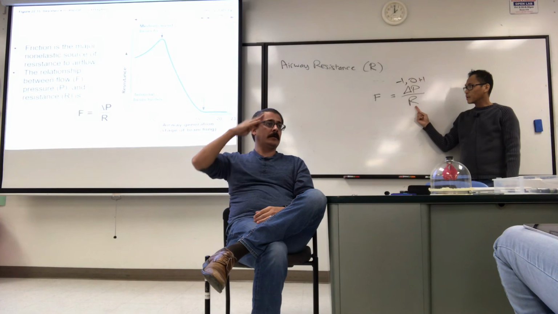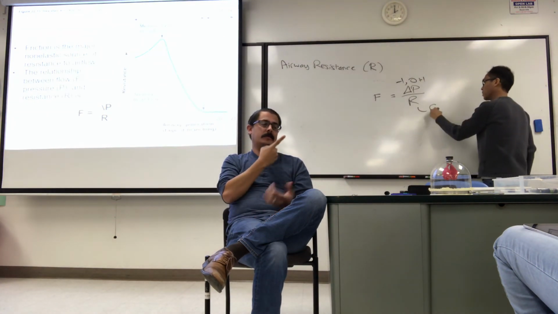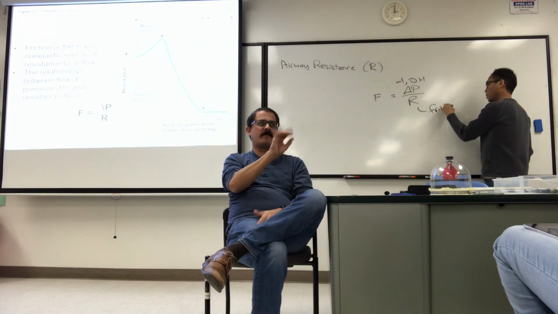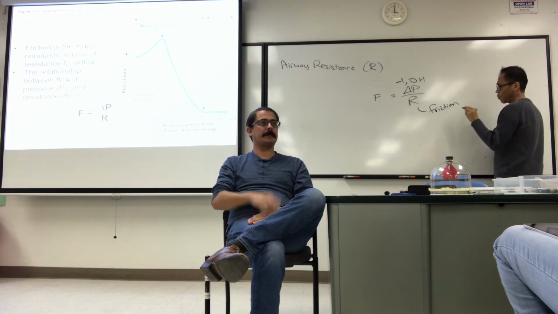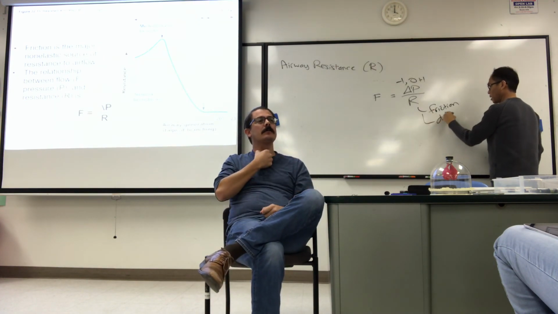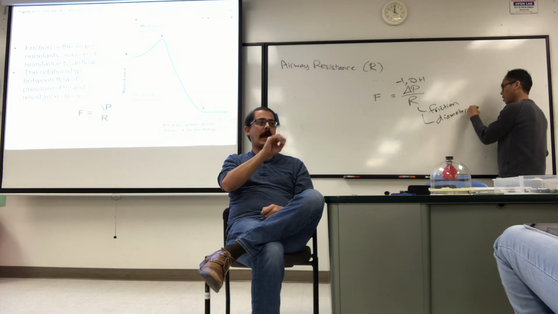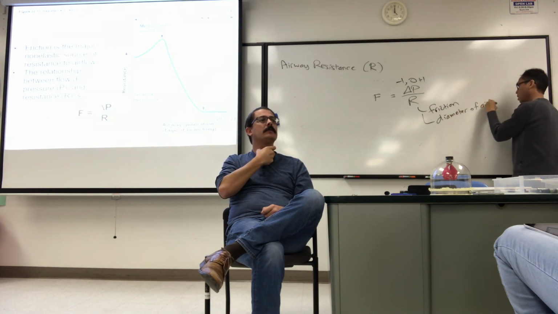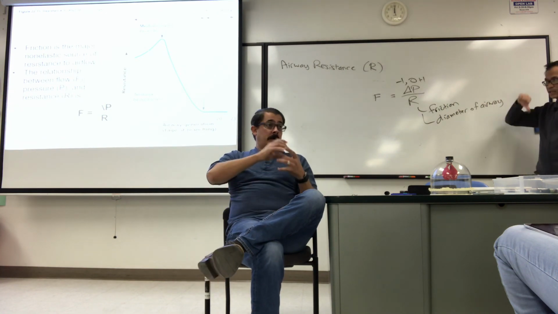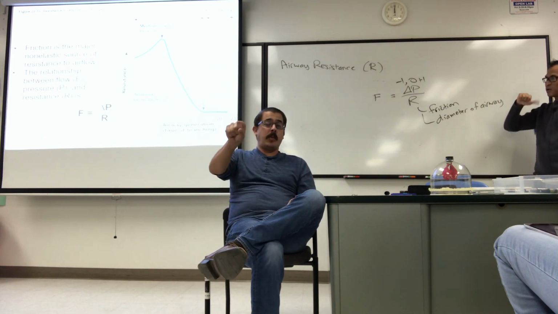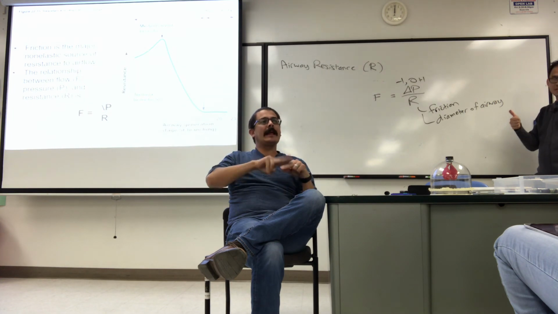This one, besides friction, we'll talk about the diameter of the airway. The relationship is if you decrease the diameter of the airway, you increase the resistance to airflow.